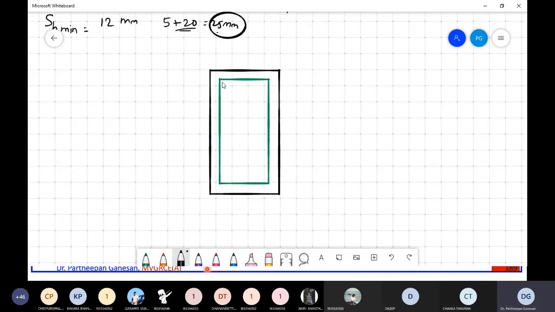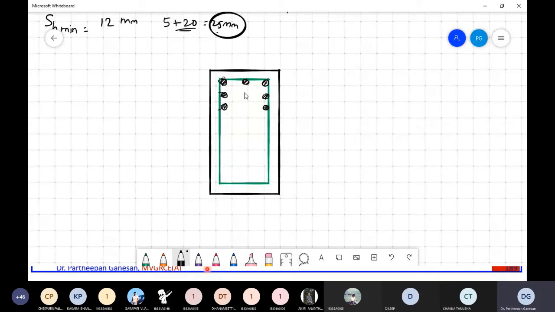Now I am providing one 12 mm bar here, one here, one here. Then at a vertical spacing, one 12 mm bar here, one here, one here. Now all these can be tied with the stirrups, right?